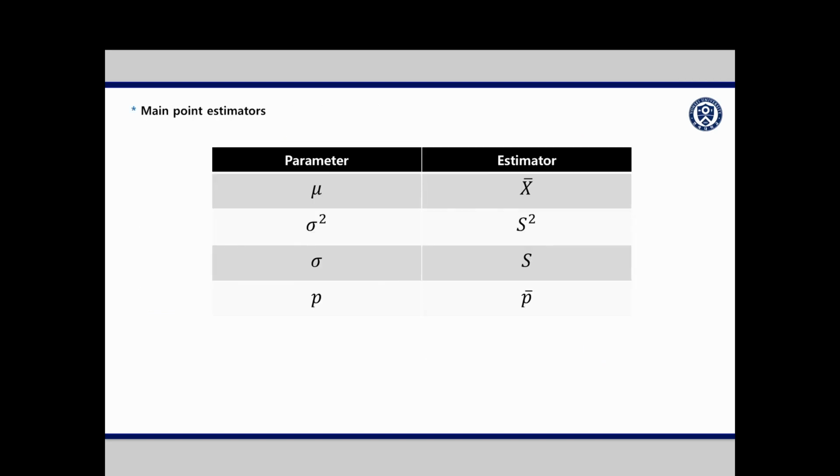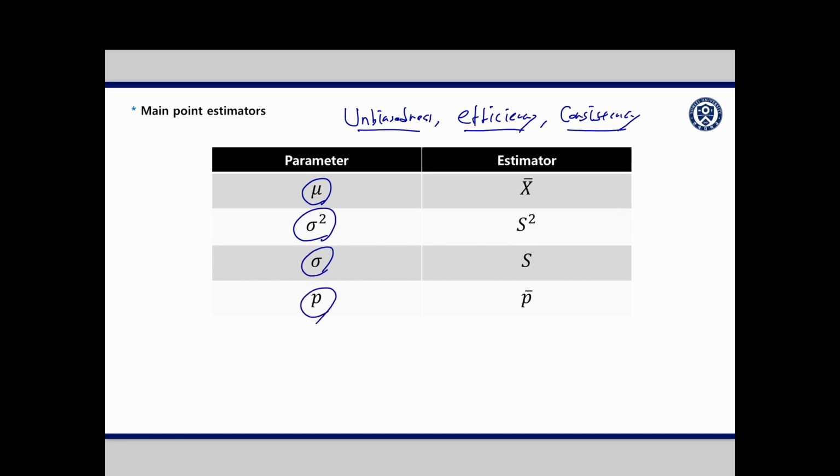Therefore, through these conditions of a good estimator, unbiasedness, efficiency and consistency, when the parameters are mu, sigma square, sigma and the population proportion, we use the sample mean, sample variance, sample standard deviation and sample proportion respectively.